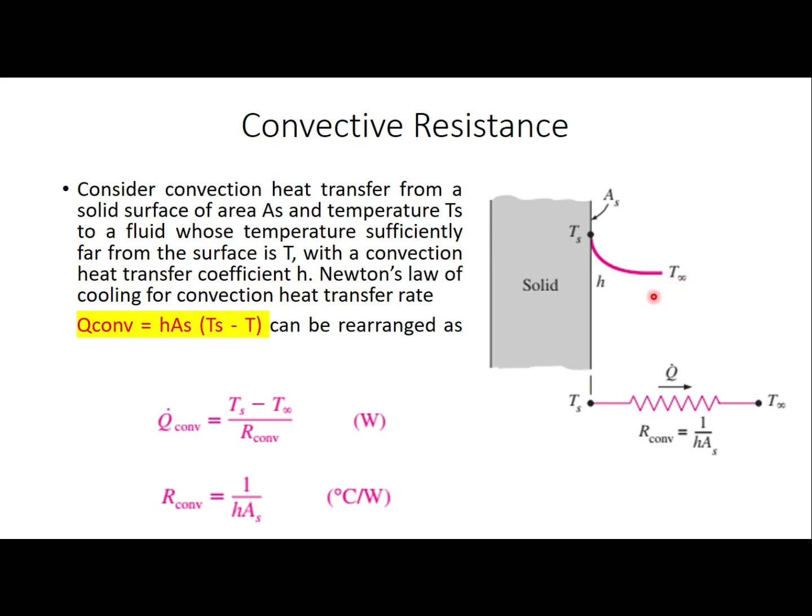So this transfer of heat is known as the convective heat transfer. So the convective heat transfer coefficient would be represented by h, right? So consider this convective heat transfer from a solid surface that has a surface area A and the temperature Ts to a fluid whose temperature, sufficiently far from the surface, is T infinity, with the convective heat transfer coefficient h.